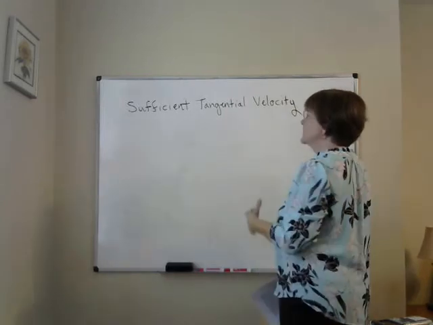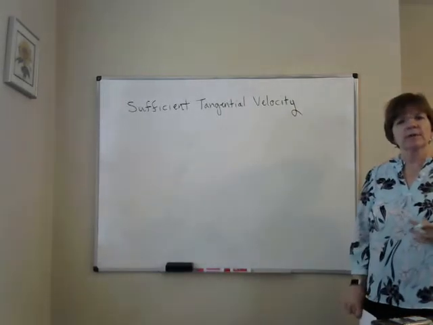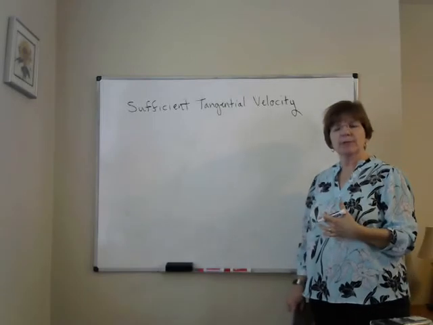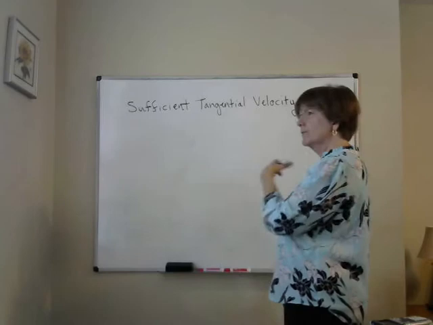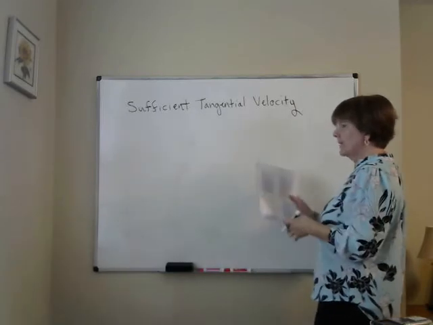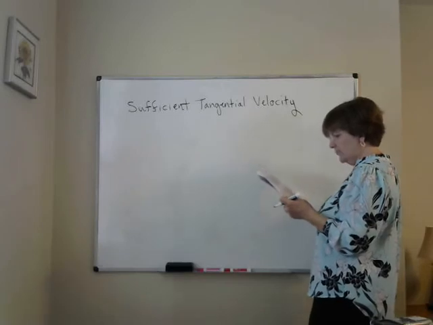That minimum tangential velocity is usually about 8 kilometers per second, or about 8,000 meters per second. Some things are orbiting faster. If you get far enough away, they're going to go slower, but you've got to have that high tangential speed.